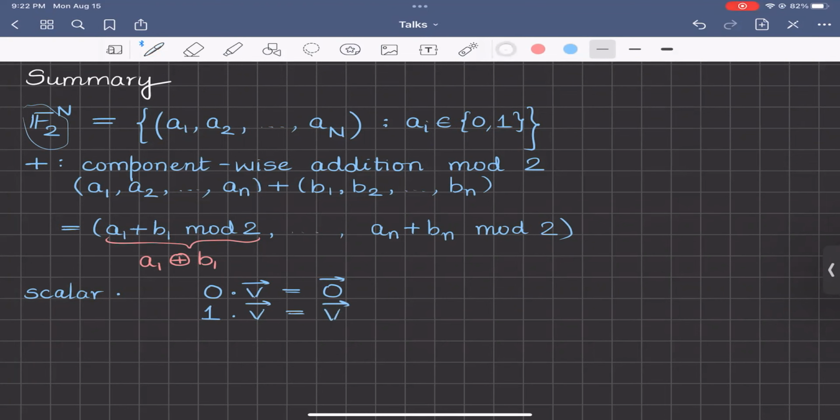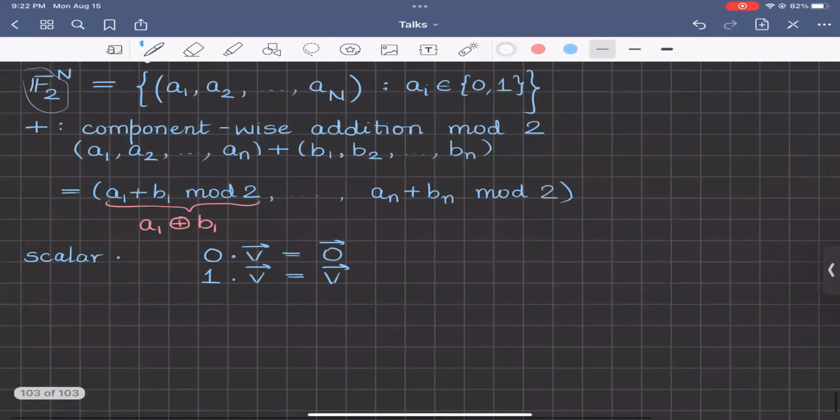So in this, what does linear dependence mean here? Recall the definition.